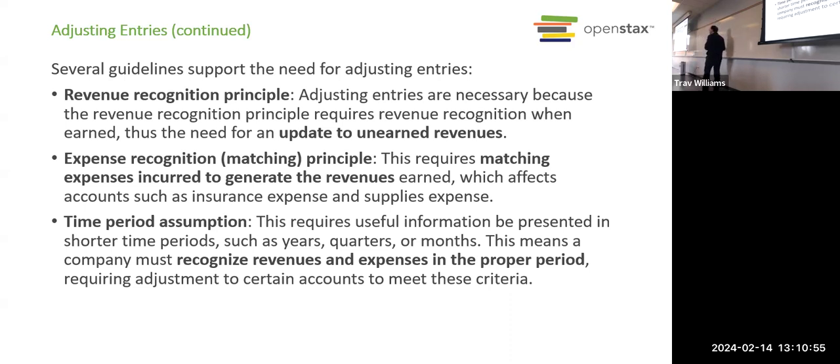So if you made the product last year, but you haven't sold it yet, it's not an expense. What is that product if it's not an expense? What type of account? An asset. It's inventory. Only when you sell it can you match it up with the revenue from the sale and consider it an expense.